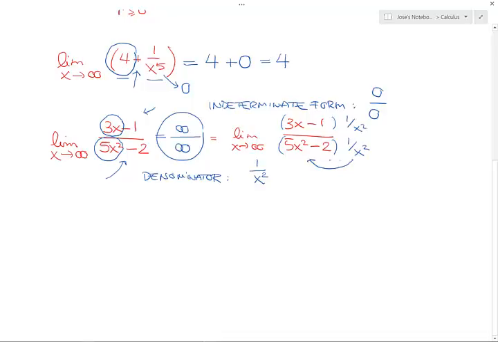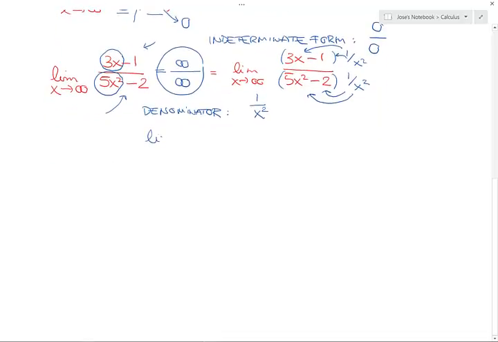Then I'm going to distribute that to each of the terms that I have inside the parentheses. So I'm going to have the limit when x goes to infinity, and 3x times 1 over x squared is going to give me 3 over x, minus 1 times 1 over x squared is going to give me 1 over x squared. That's the numerator.